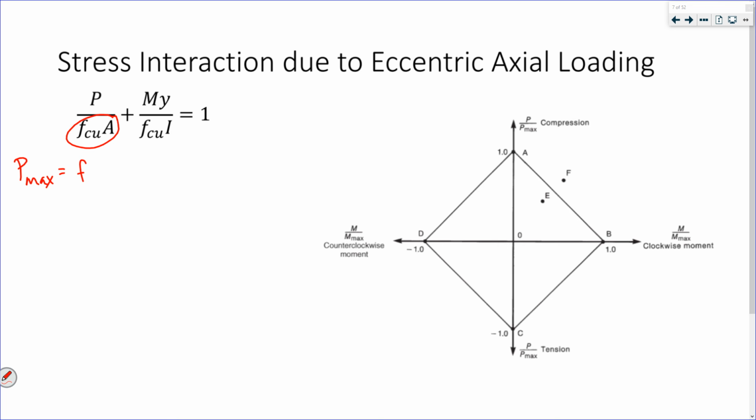All right, remember, we're not talking about concrete right now. We're talking about a homogeneous, elastic, nice material. We're not talking about reinforced concrete.